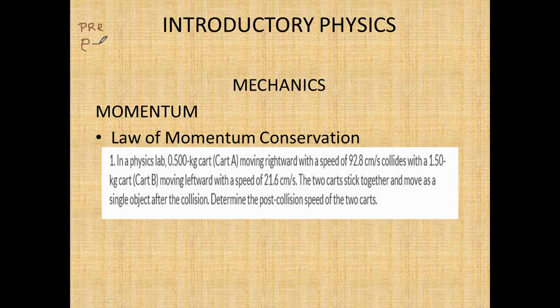So the pre-collision momentum for the system, the two objects in the system. The mass times the velocity is the momentum. The object is moving rightward, so the velocity is positive.